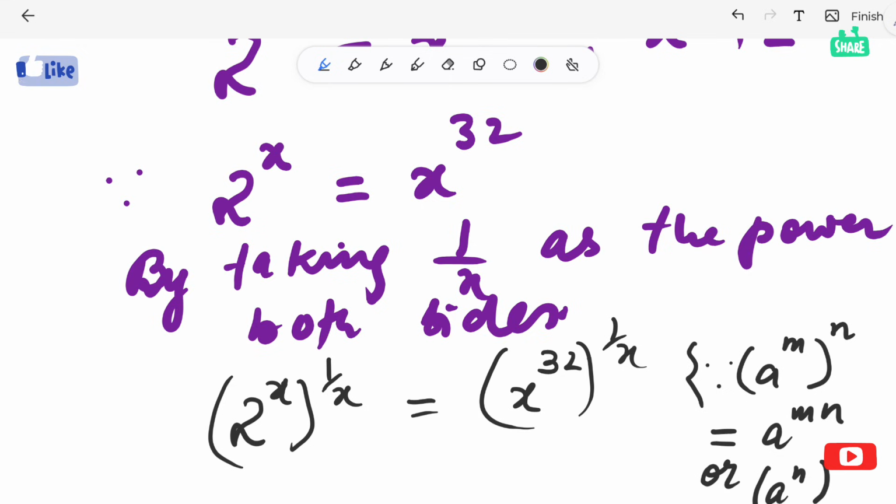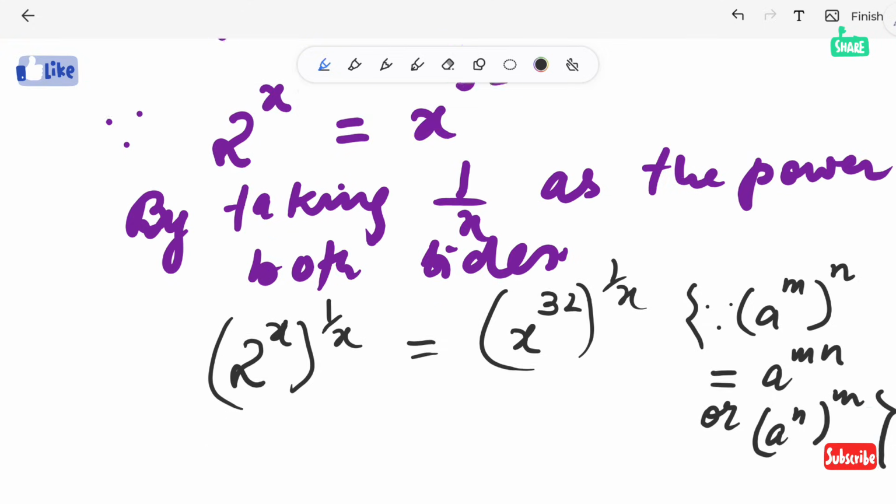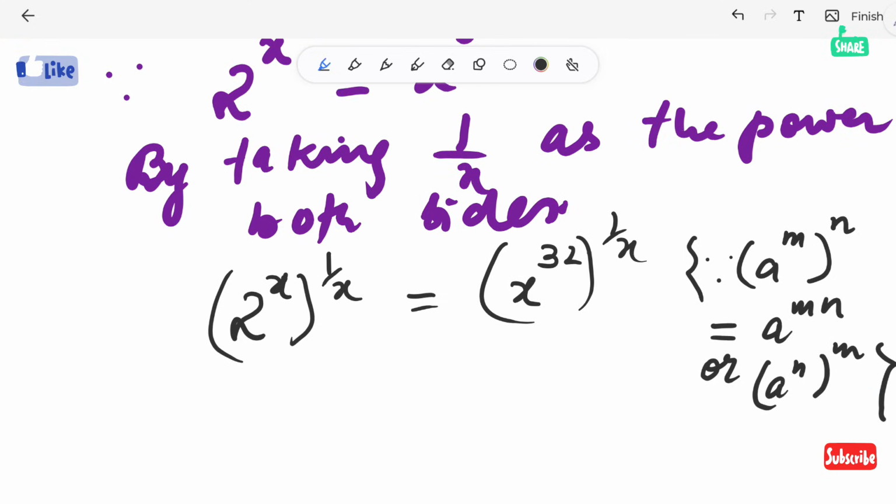So just use this exponential formula and see the magic of how it can be converted, and we can get the value of x, the unknown term.